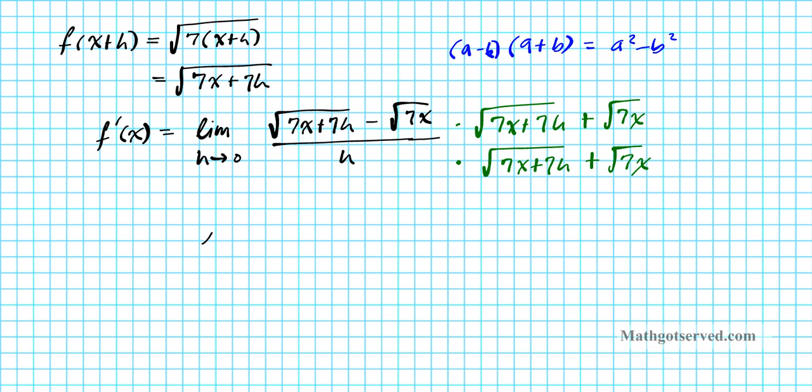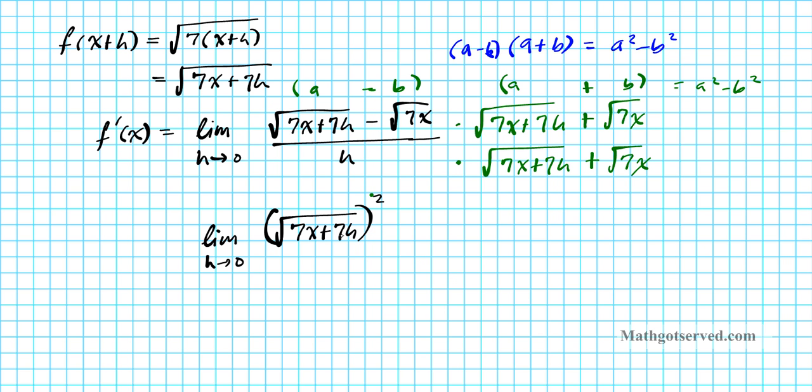So when we distribute it out, it's simply going to be, we have a limit as h approaches 0. The square root of 7x plus 7h quantity squared, because this is like your a, and then this is like your a minus b, and you have an a plus b here. If you distribute this completely, you end up with a squared minus b squared.